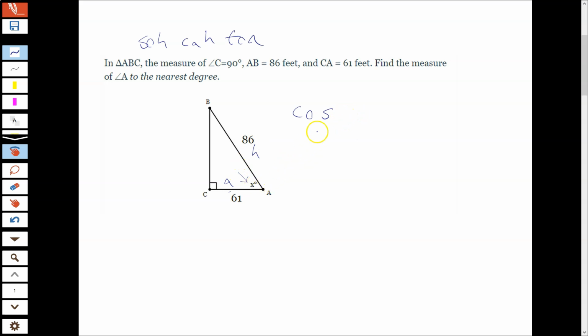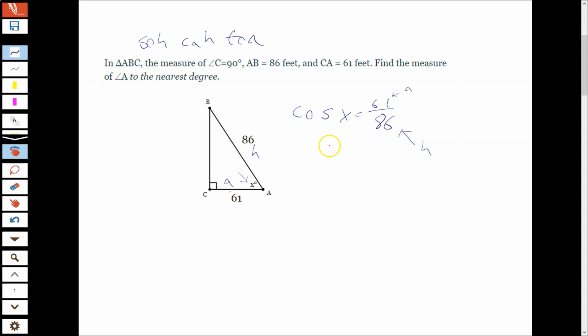Okay, so here I build my equation. Cosine of x equals 61 over 86. So that's the adjacent side and the hypotenuse on the bottom. Notice what I have here is a fraction on one side, and here I have cosine of x.